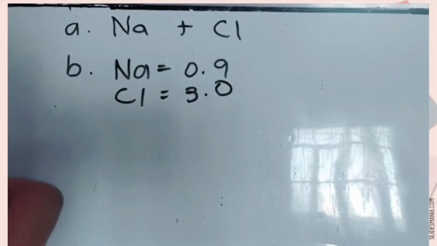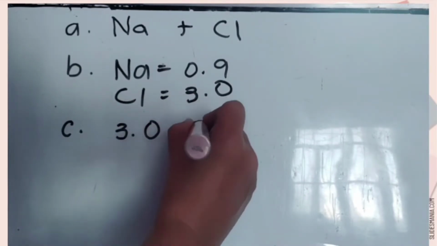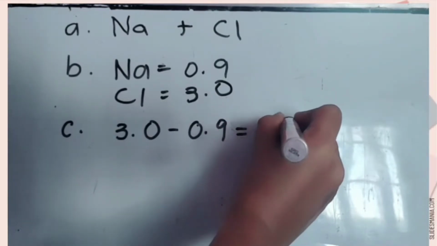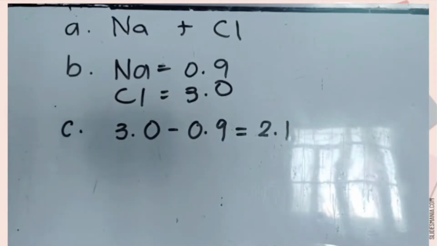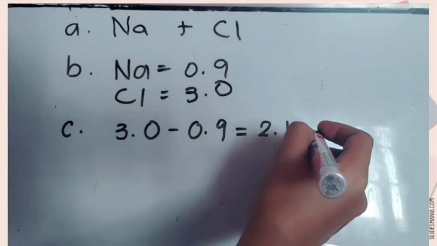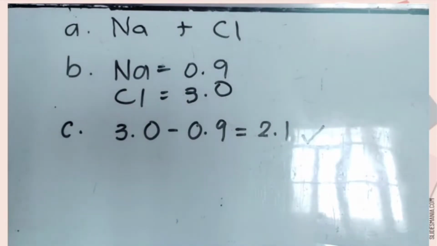Okay, and then subtract the electronegativity value of the metallic element from the non-metallic element. So subtract 3.0 minus 0.9. So that is equivalent to 2.1. Since it is higher than 1.7, meaning they will form an ionic bond.